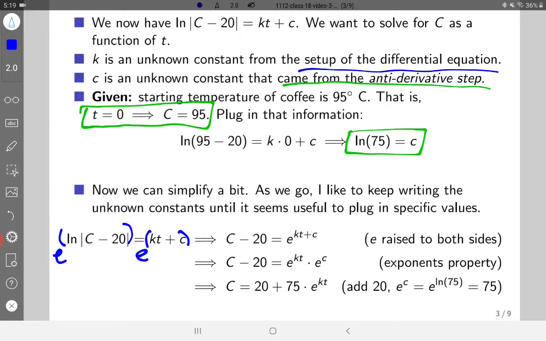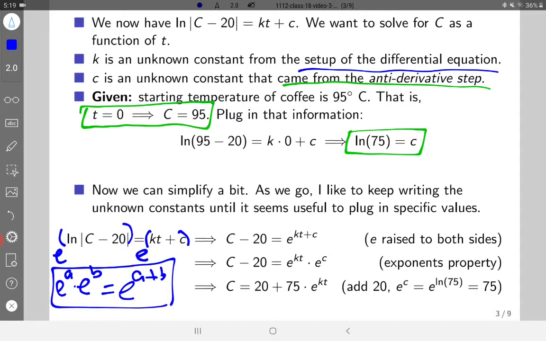And then to deal with that right-hand side, I could also exploit this property that says an exponent base anything raised to a power times the same base raised to a different power means I'm allowed to add those exponents. And I'm really using this fact here, kind of in reverse, to go from e to the kt plus c all in the exponent, to e to the kt times, separately, e to the c.